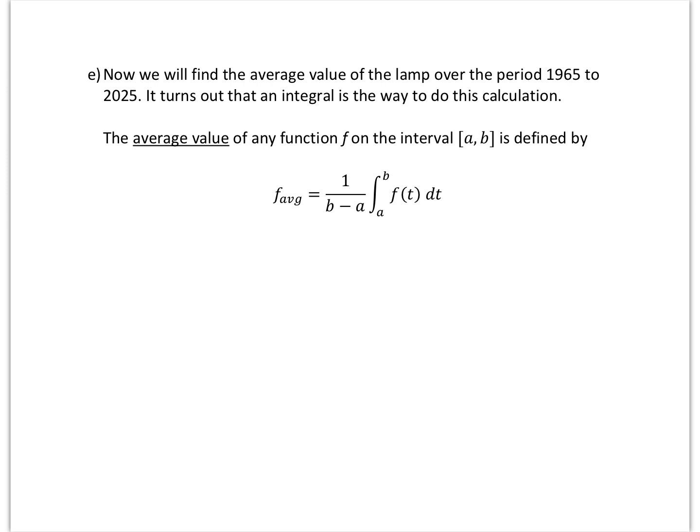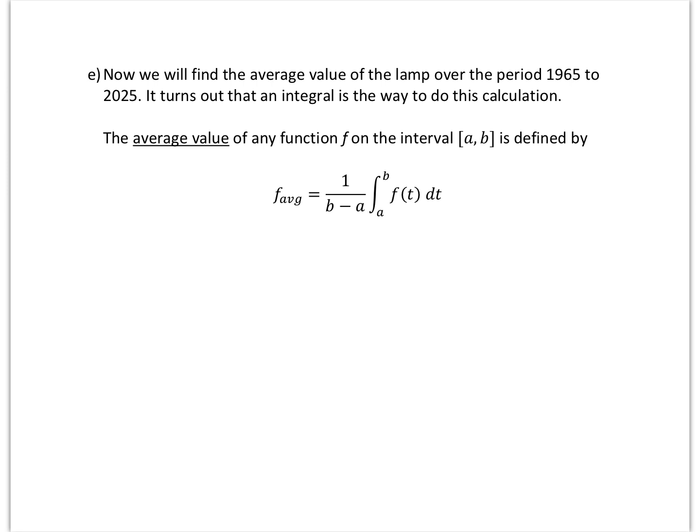It turns out that you need an integral to do this calculation because we're going to be adding up an infinite number of y values, an infinite number of points, and then dividing by n. Anytime you're working with an infinite number of something, what we're actually going to do is take a limit. And this translates to be an integral.